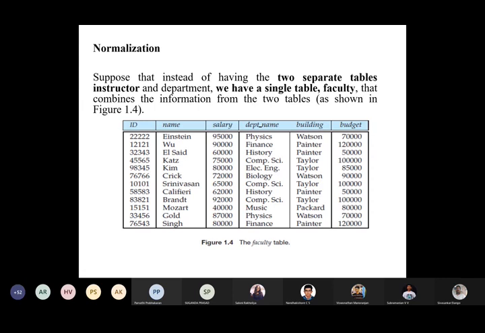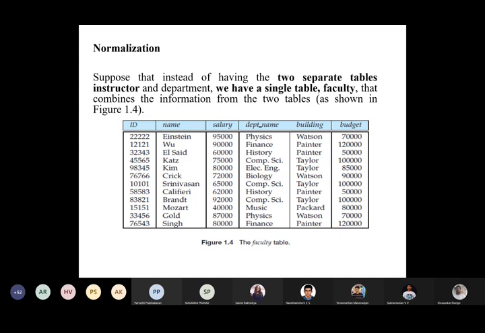So what happens? It will not be possible for you to add some information about a new department in the relation unless you have some faculty member associated with this department, right? So this is known as insertion anomaly, right? So for example, you are going to add a new department in our institute, artificial intelligence and data science.